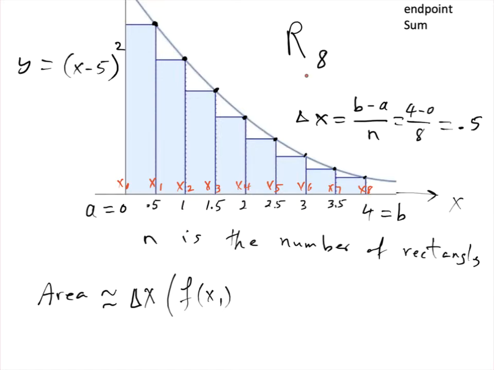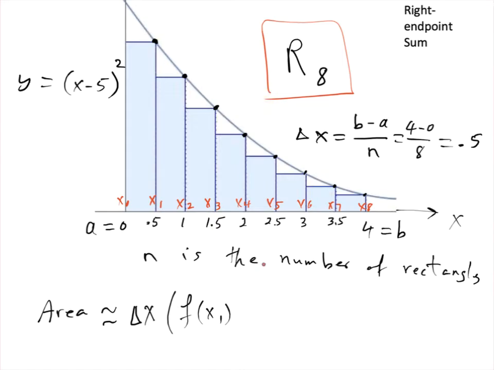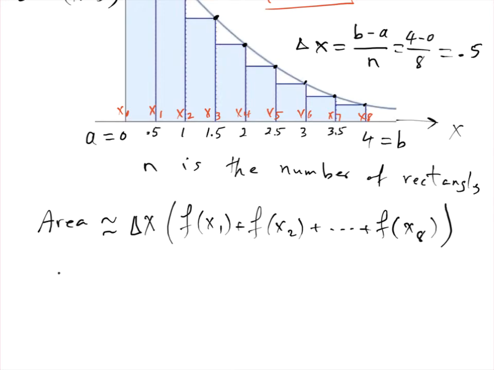For the right sum, we skip x0, so we go from x1 all the way to x8, or xn in general. So we are adding these function values. I'm going to use an ellipsis, so we go all the way to f of x8. So it's just simple arithmetic, 0.5.